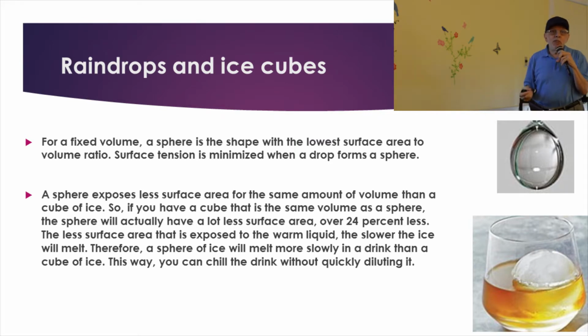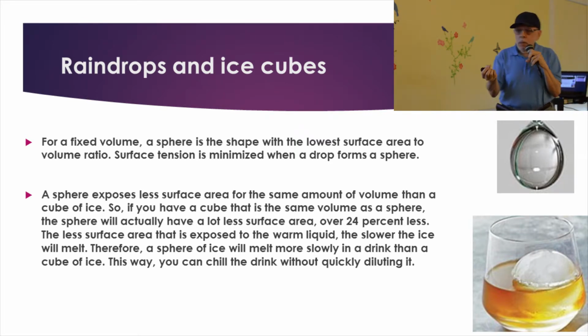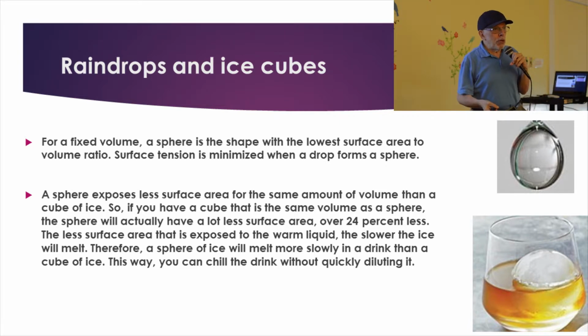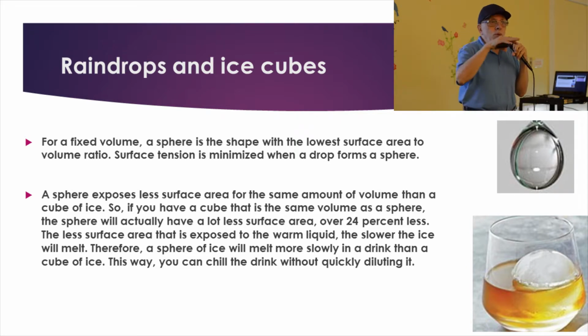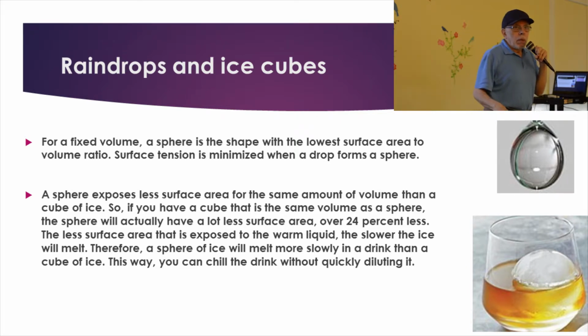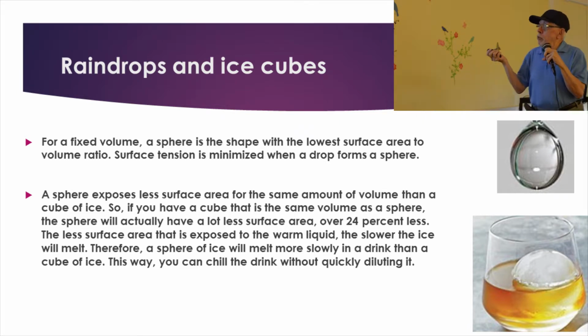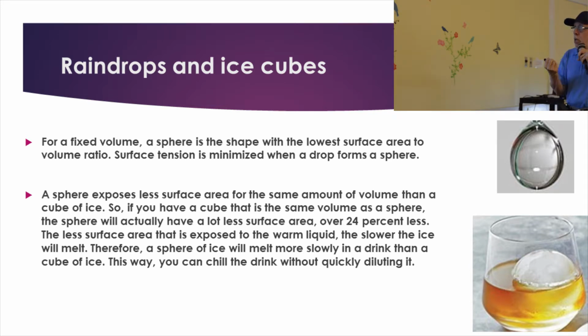So that means that if you have a drop of liquid, it's going to try to form a spherical shape. It won't succeed totally, especially if it's moving. One part of it will flatten out. But droplets are formed because of this attraction, and this attempt to get into the most efficient shape of a sphere.